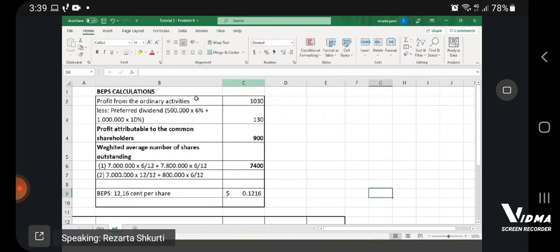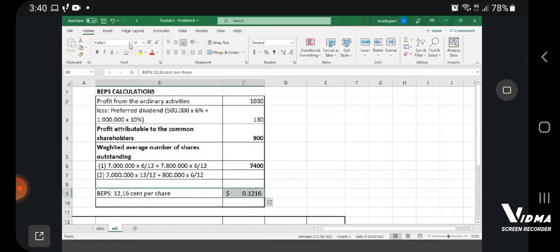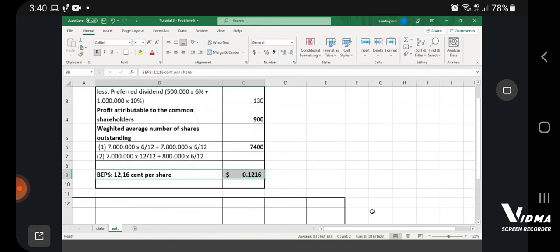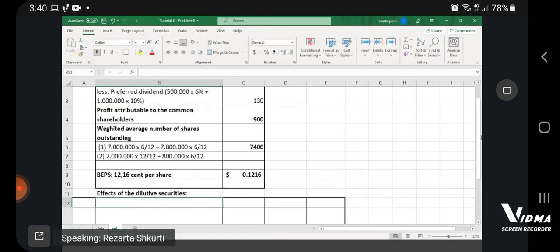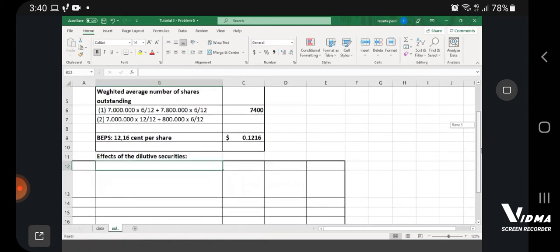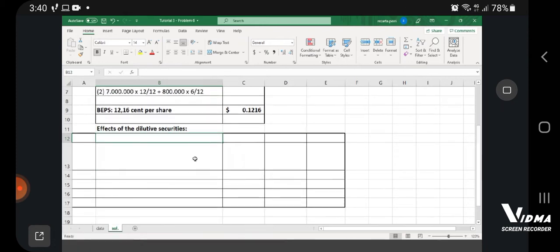Any questions so far? Simply a repetition of what we have constantly said and explained so far. The next requirement is to show the effects of dilutive securities. In this table over here, I will summarize the effects of the dilutive securities that this company has outstanding now, one by one. The first one is the options.